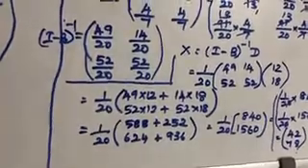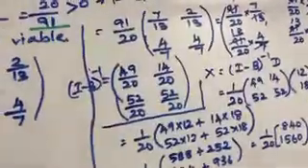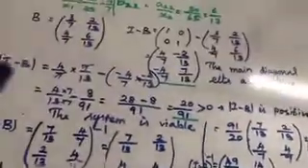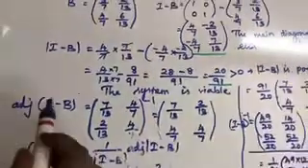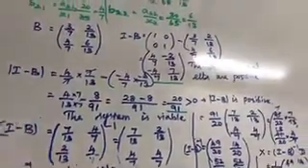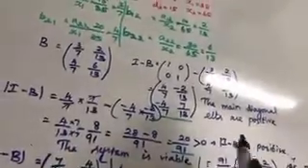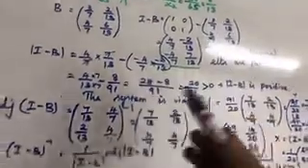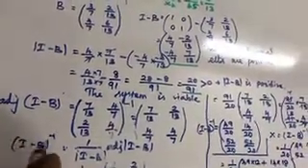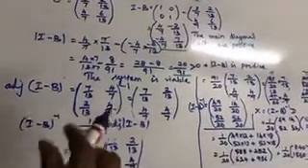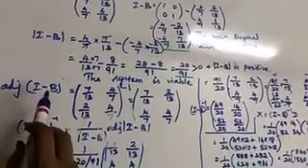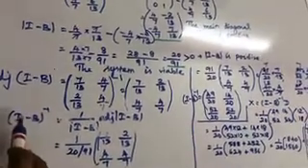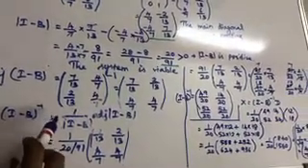This is the answer. So first we have to find B, the technology matrix, then find I minus B and check the Hawkins-Simons conditions. Then you have to find (I minus B) inverse. For that, first find the cofactor matrix and adjoint of I minus B, then you can get (I minus B) inverse using its formula.